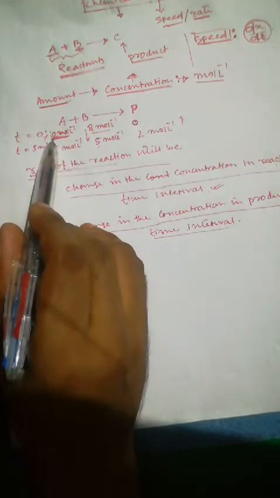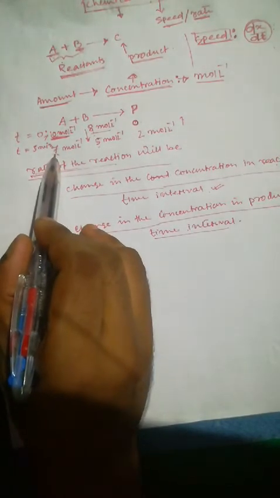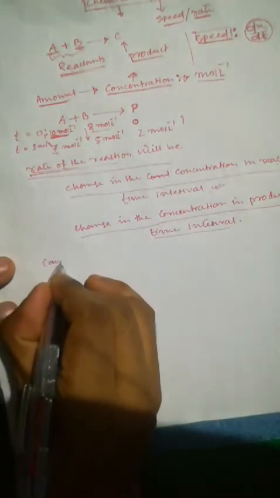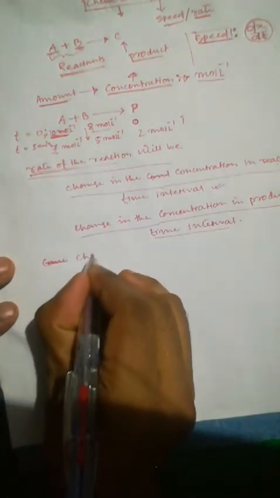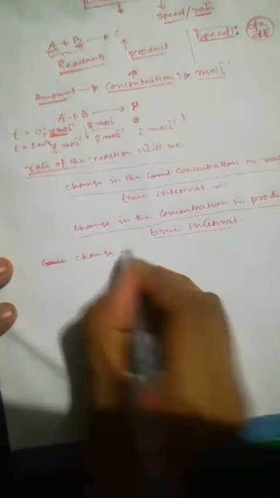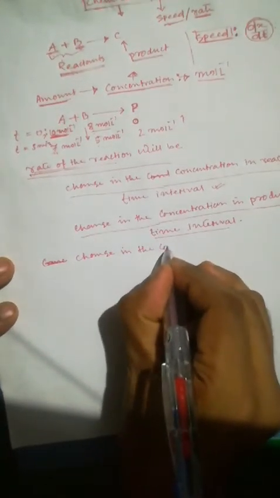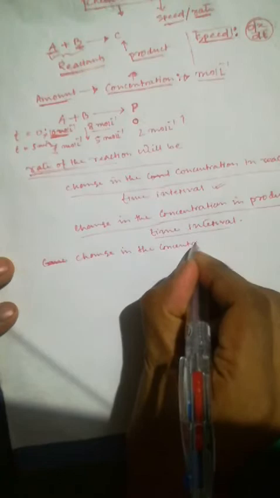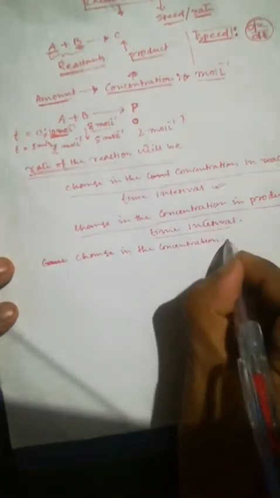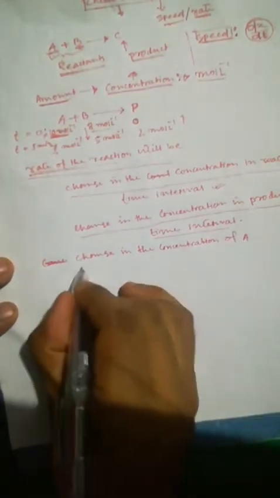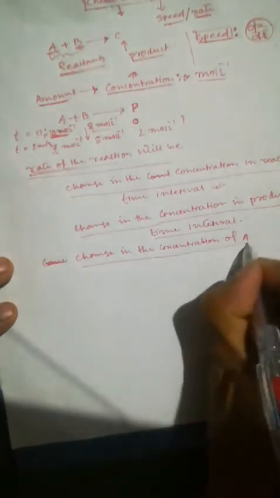It was initially 10 mol per liter, and changed to 7 mol per liter. So what will be the change in the concentration of A? How to calculate the change in the concentration of A?